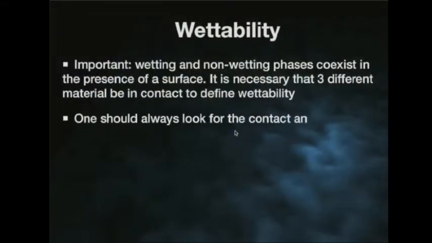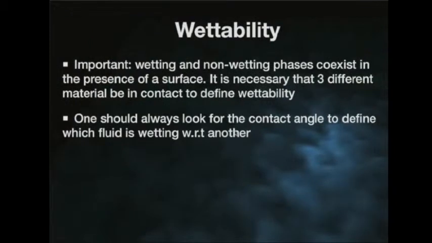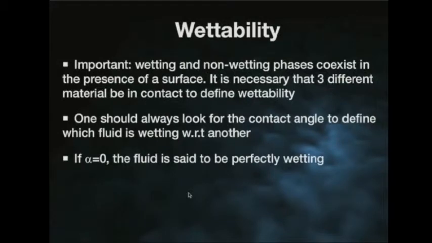If we pick oil on the same surface, and oil is non-wetting of a given surface with respect to air, then air would be wetting of the surface with respect to oil. So we can always look at the contact angle to define which fluid is wetting and which fluid is non-wetting with respect to another.